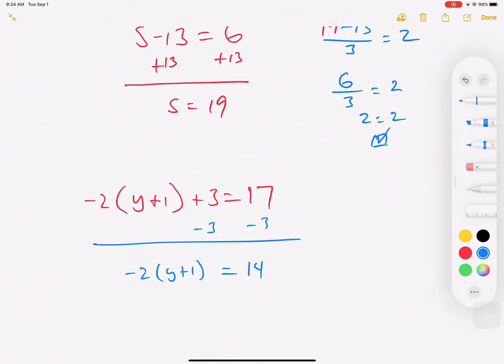Okay. Next question. Let's look at the poll again. What's my next move? Do you want to get rid of the outside -2 or the inside plus 1?